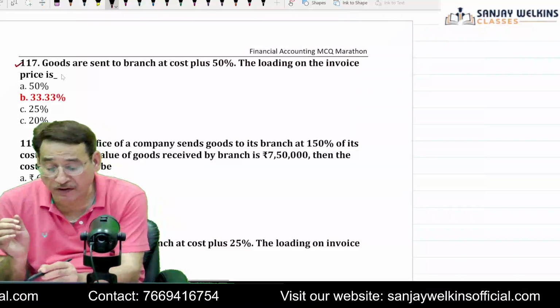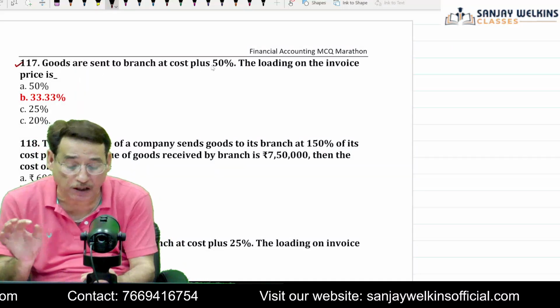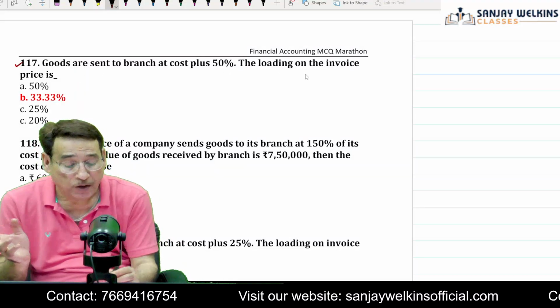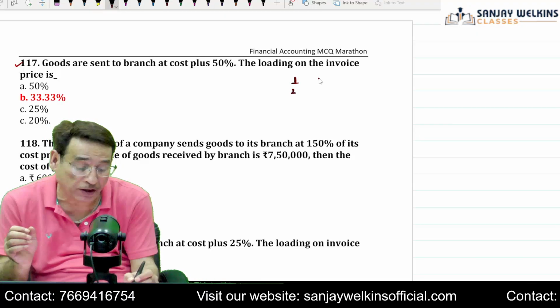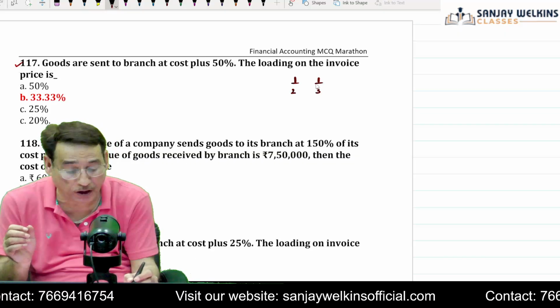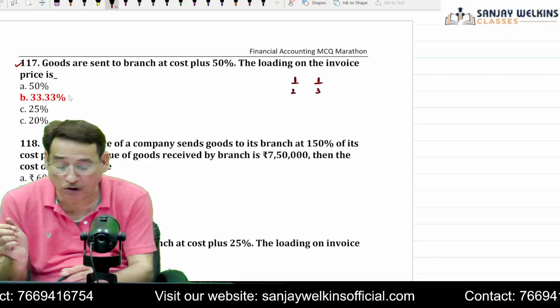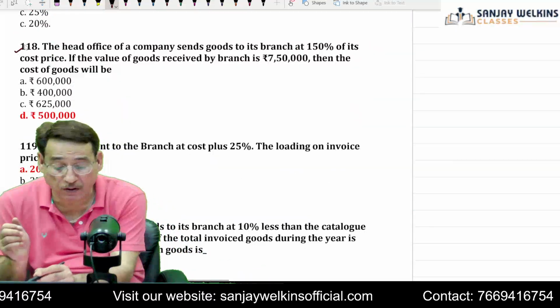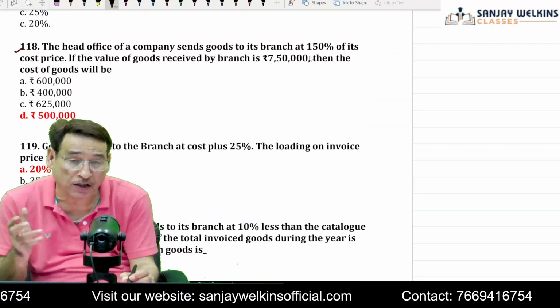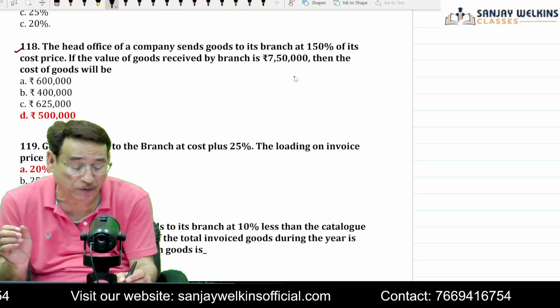Further, under 117, it is given that goods are sent to branch at cost plus 50%. So rate of profit on cost will be equal to 1 by 2, and rate of profit on invoice price will be equal to 1 by 3. 1 by 3 also means 33.33%. The head office of a company sends goods to branch at 150% of its cost price.